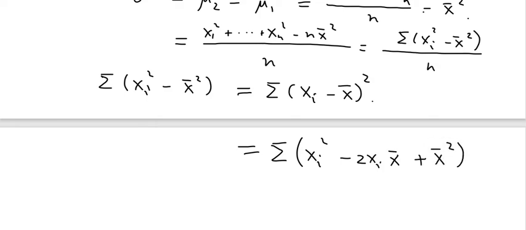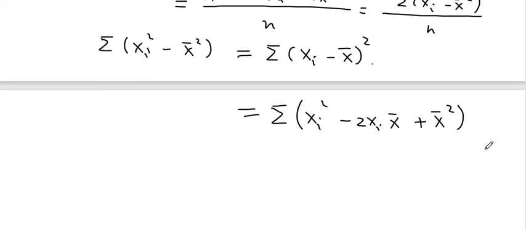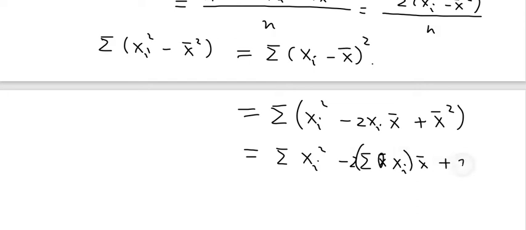So the summation of xi square, then for the middle term, x bar is a constant, so we can pull it out: minus 2 x bar times the summation of xi. Then plus the summation of x bar square, which is n x bar square.